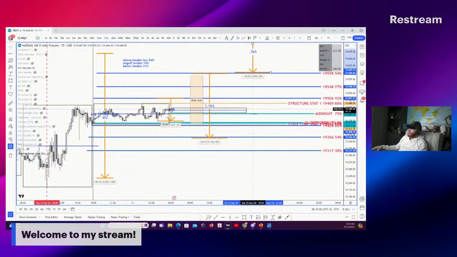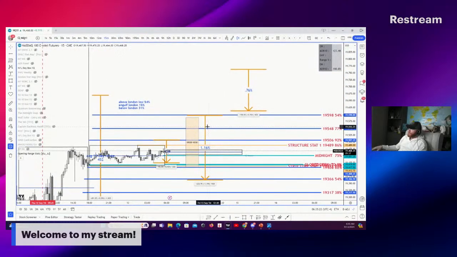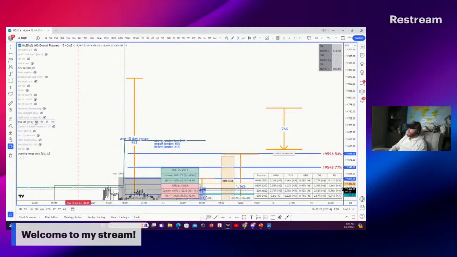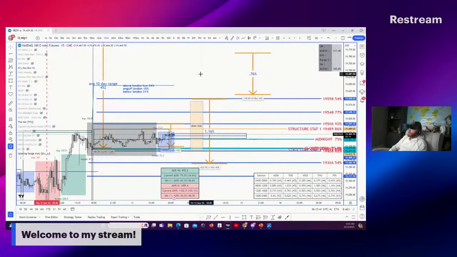Right now, there's a discrepancy with me wanting to admit that we're maxed out on our average weekly range, and me thinking that we're going to put 452 handles onto our average weekly range, which is over 25% of our average weekly range. It's just insanity. So what I will do is I will sit on my hands, I won't trade, or I'll wait for the obvious, and the obvious will happen on the 9:30 to 10:30. I'm just going to mechanically trade today.